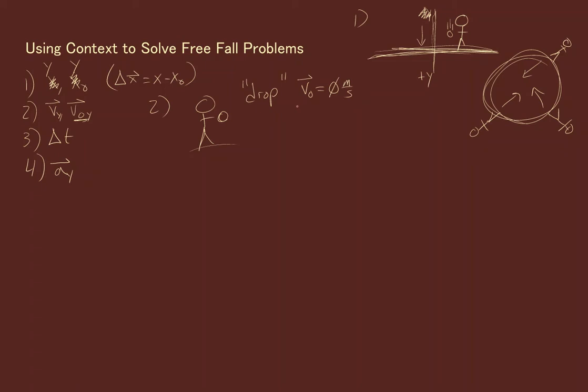Okay. Suppose that person were to throw the object up, or maybe the person was going to throw the object down. When the object is thrown, the initial velocity is whatever speed the person's hand was at the moment the ball was released.